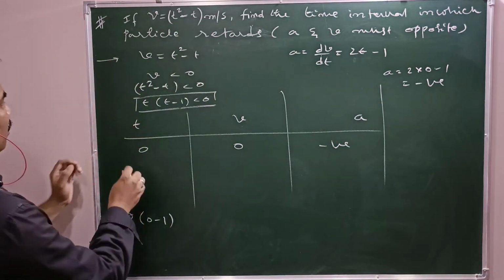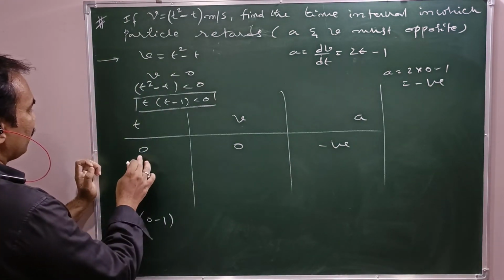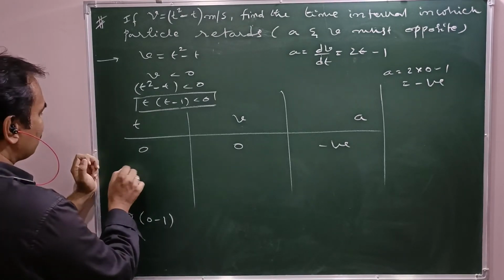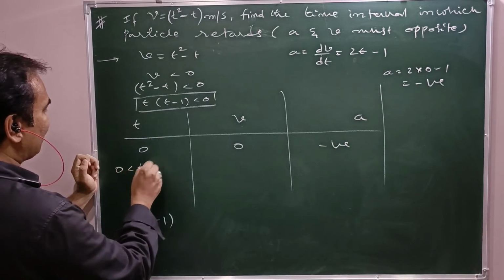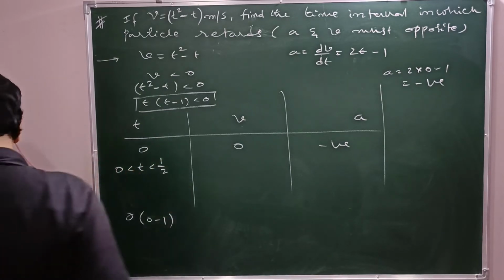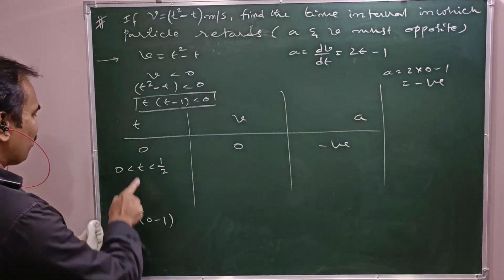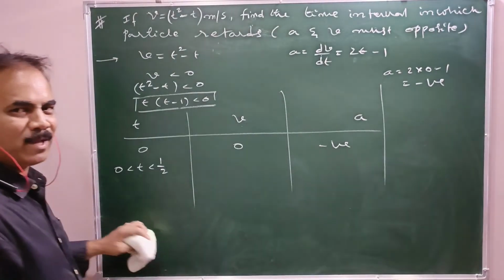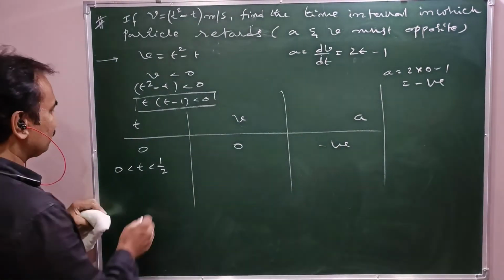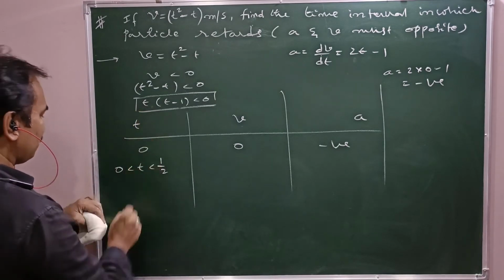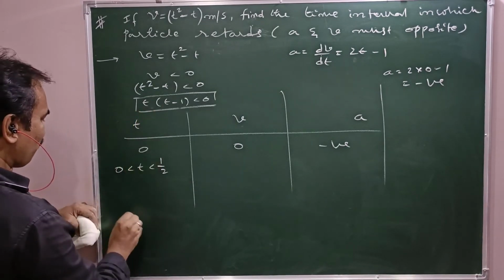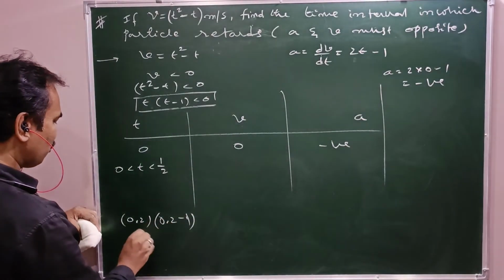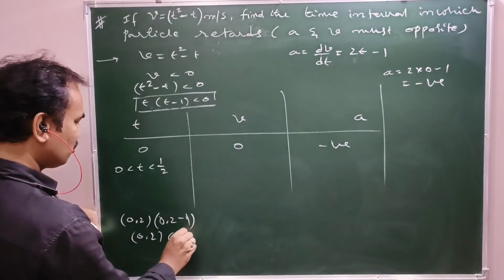Now coming to t such that greater than 0 and less than half, that is 0 less than t less than half second. Suppose the value of t lies between 0 and half, for example, 0.2. Substitute in this expression: 0.2 into 0.2 minus 1, that is 0.2 into minus 0.8.